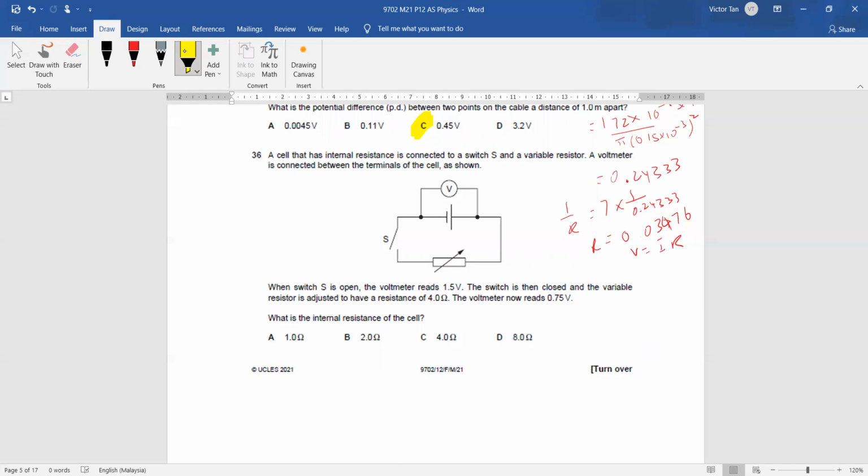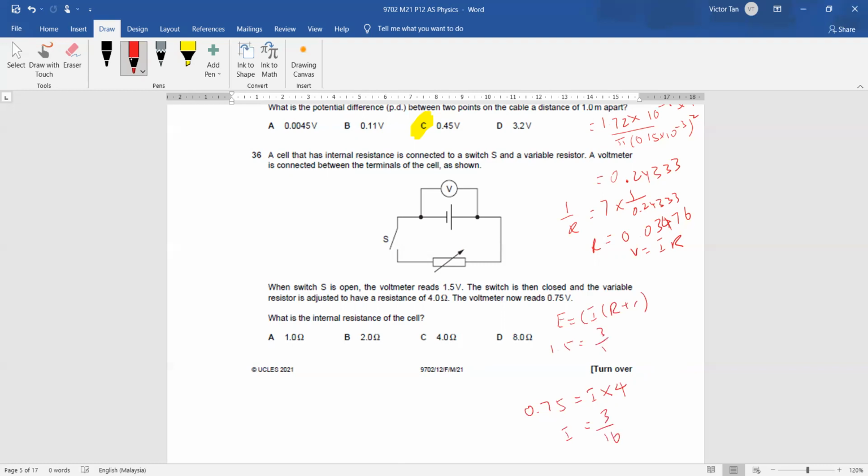So if it's open, 1.5 volts gives the EMF. E equals I times R plus r. 1.5 equals, there's no I. We're going to find the I. I times 4, I equals 0.75 divided by 4, which is 3/16.